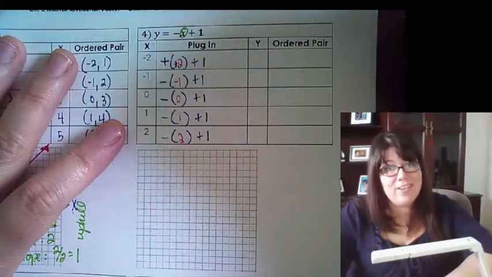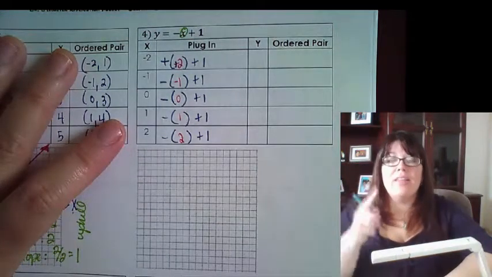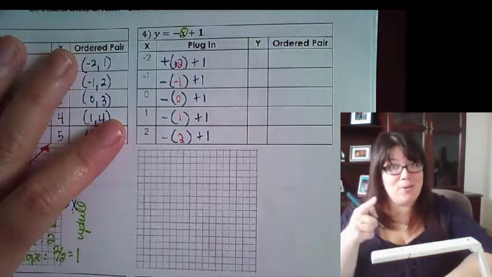There's 2 negatives together. Did you catch that? Make sure that anytime you have 2 negatives together, they will cancel each other out and become a positive. So be careful of that.